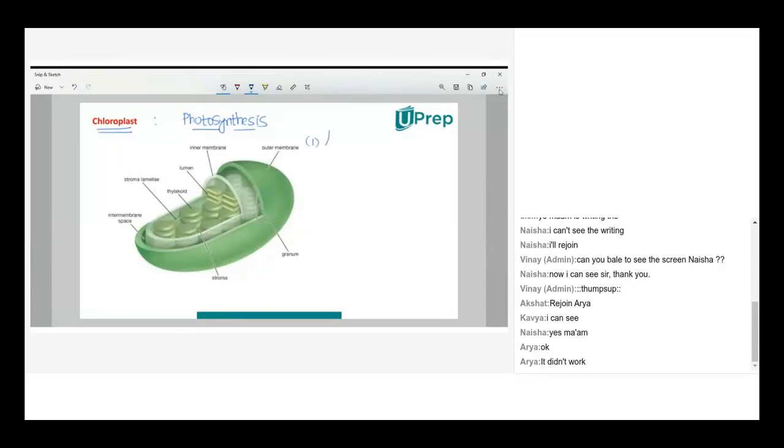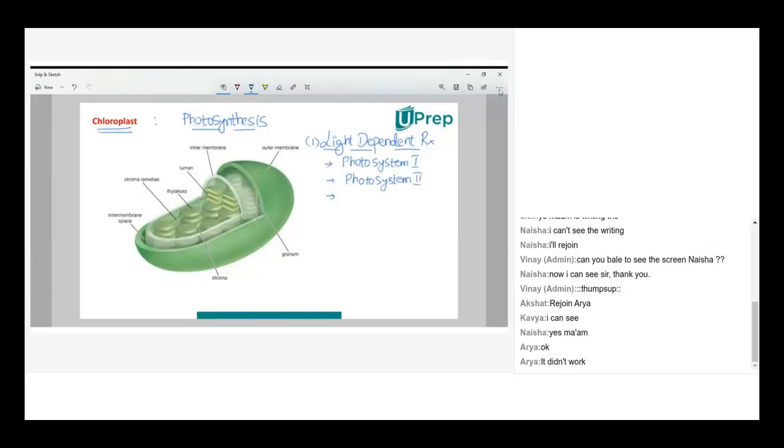Usually, the light-dependent reaction occurs with the help of three components. The first component is called photosystem 1. The second component is called photosystem 2.